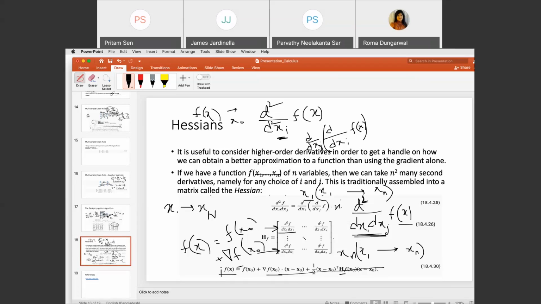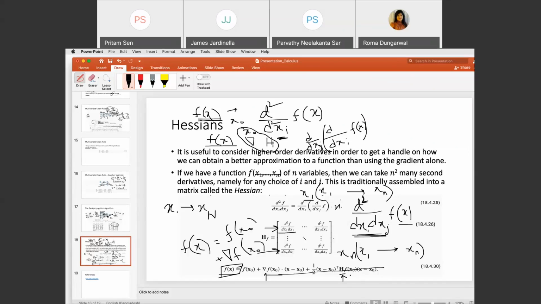For example, we already know the Hessian matrix like H. We already know the gradient, but we don't know the original function. We don't know the function, but we know its gradient and its Hessian matrix. And if we know the value of the function at some value of x, for example x0, from these three we can calculate the original function.